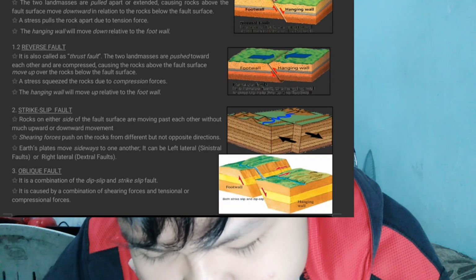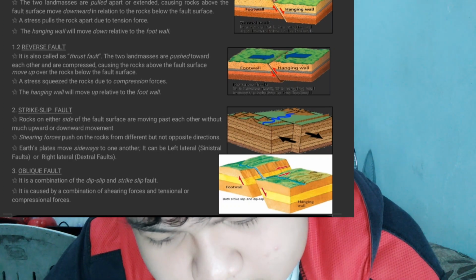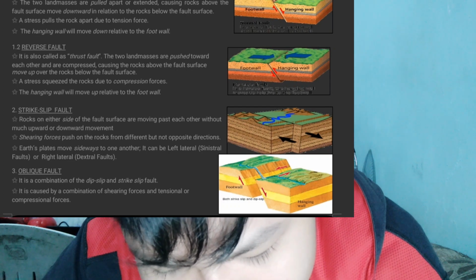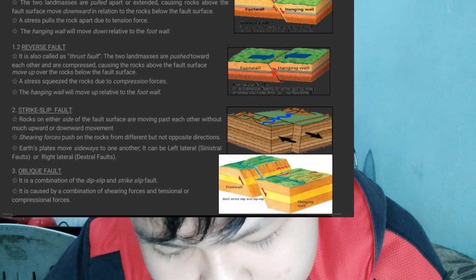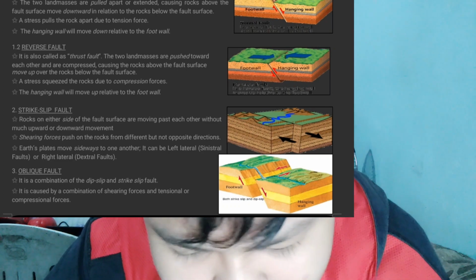Shearing force pushes the rocks in different directions, but not opposite directions. Earth plates move sideways to one another. It can be left lateral or right lateral. It's like this. It moves sideways rather than up and down.